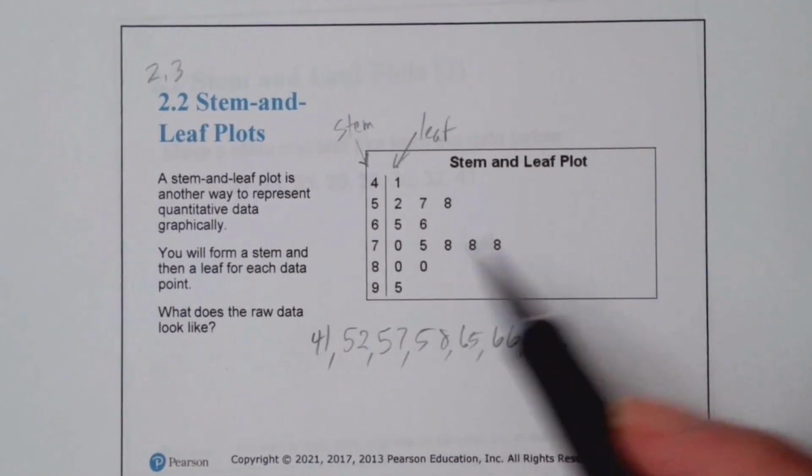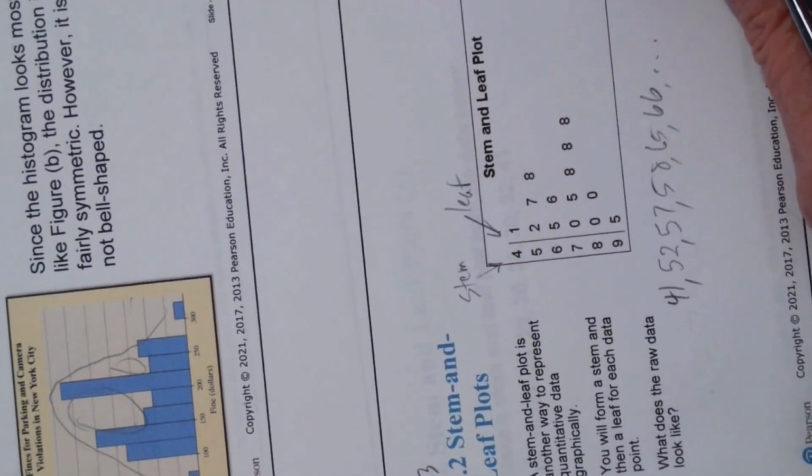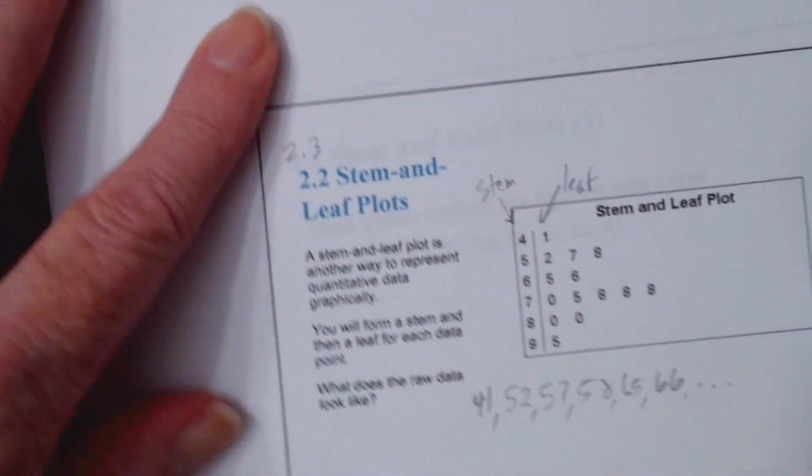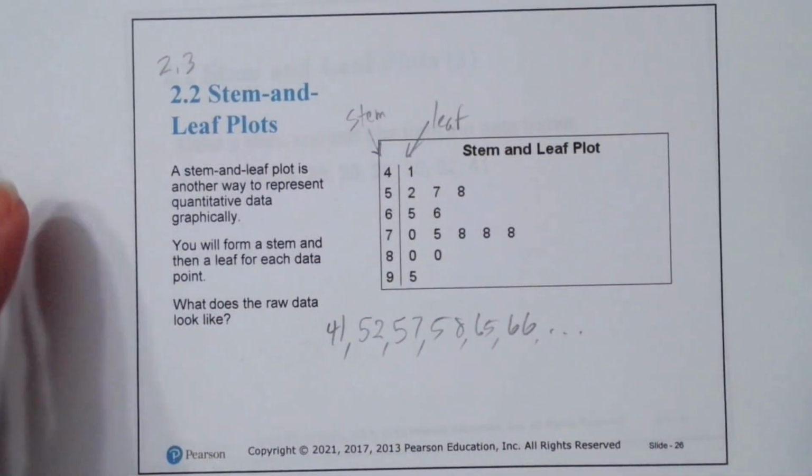By the way, if you were to rotate this to the left, it's got that bell shape a little bit. Let's go ahead and move on to the next slide.